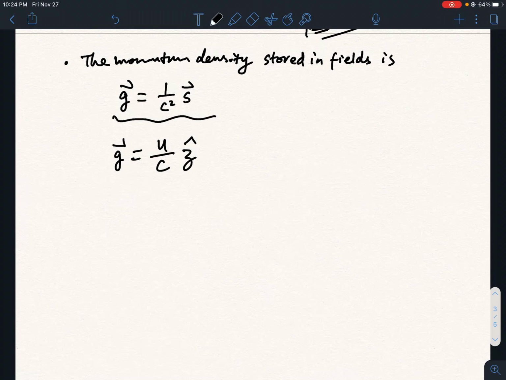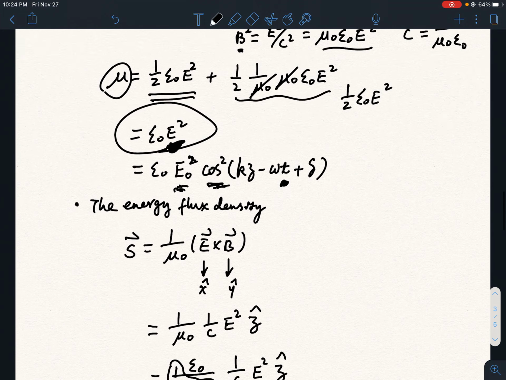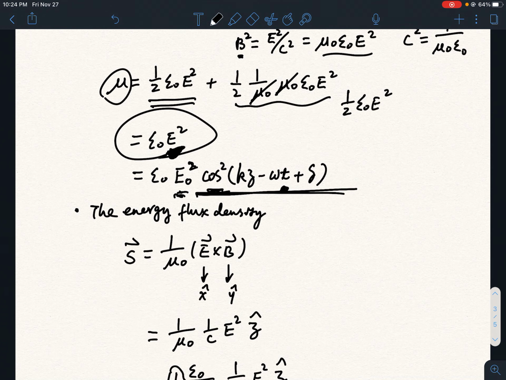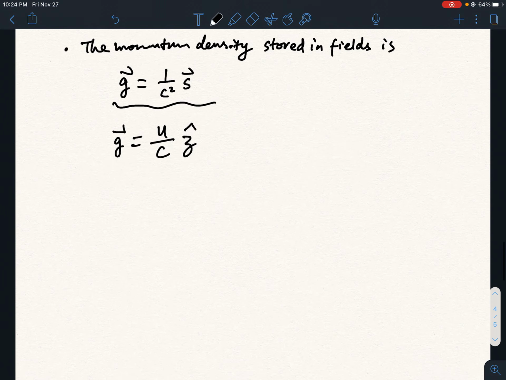So we often average the energy around one wavelength, which means we need to average cosine squared over a time period, and that average is basically just 1/2. We often put parentheses there to indicate the average energy density, so this average is just 1/2.